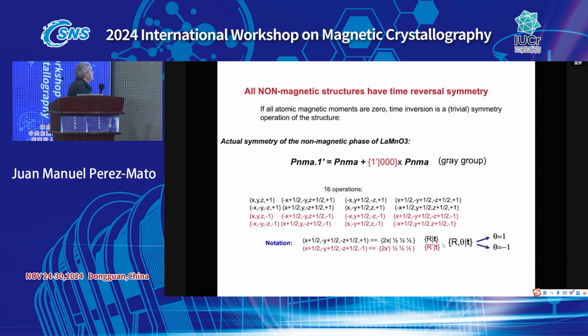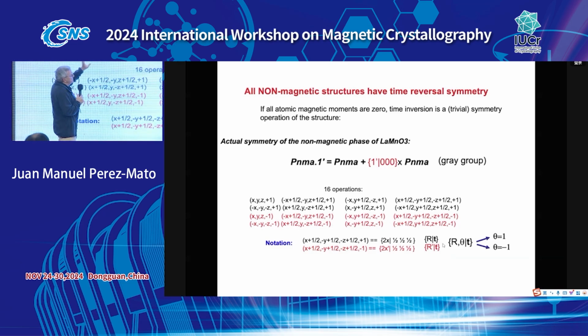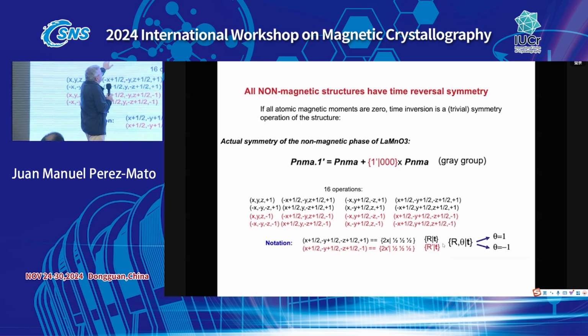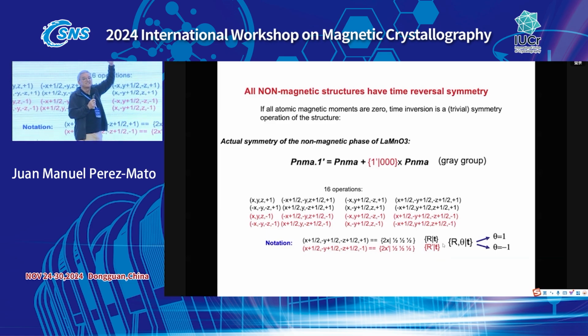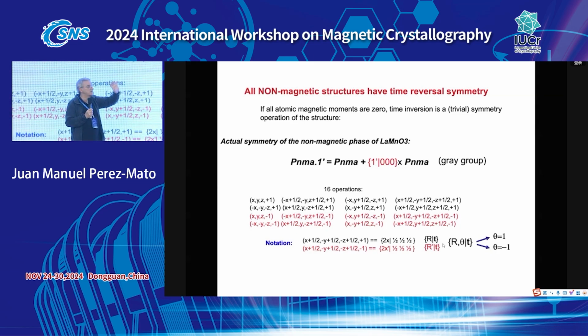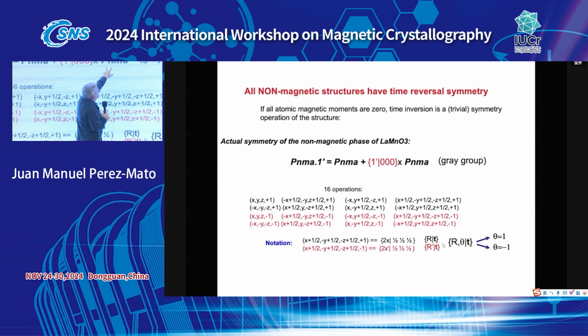So, this can be summarized in the case of our example of this Pnma lanthanum manganate. This is mathematically what I just said. The symmetry of my manganate when it is in the paramagnetic phase, where there are no spins, no magnetic moments, is not just the space group that we are used to using. It is this plus all the operations of this space group multiplied by time reversal.